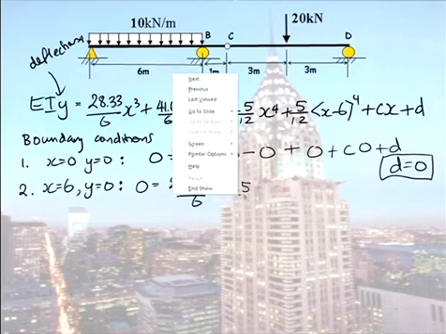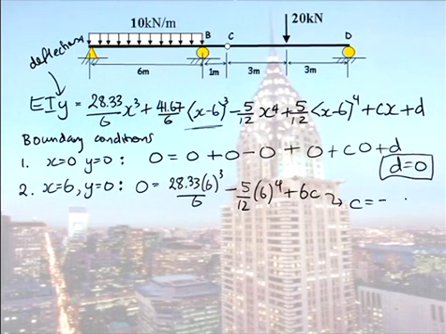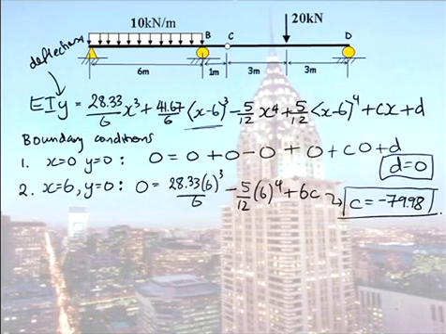Then I have my third term, 5 on 12. Then my fourth term is 0, and then I have plus 6c. Now, a few people go wrong here. They forget to multiply c by 6, or they forget to divide c by 6 when they calculate c out. So, plugging in anyway, you get a value of minus 79.98.